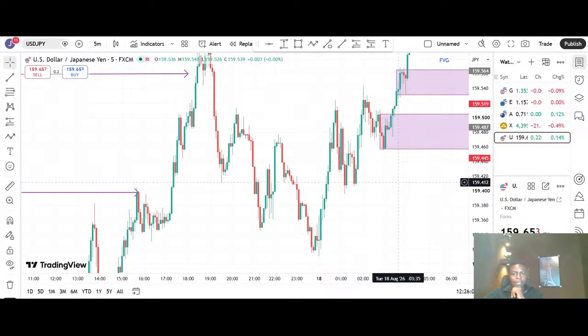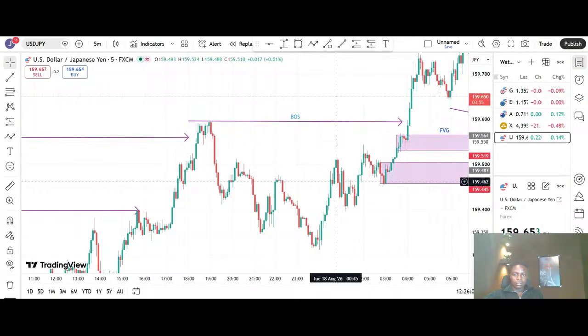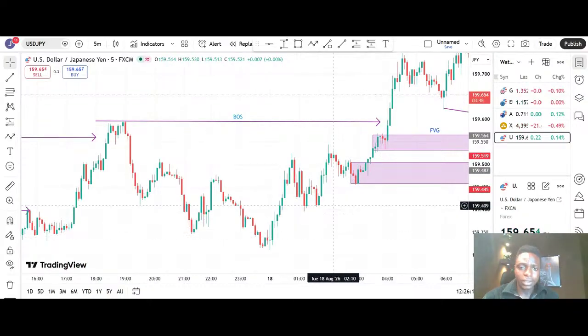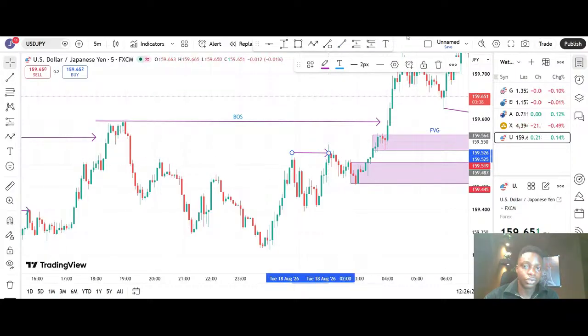So let me see if I can get something to confirm what I'm saying. Let me use here for example. Price did a break of structure around here.